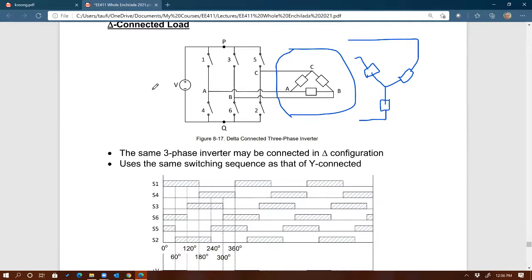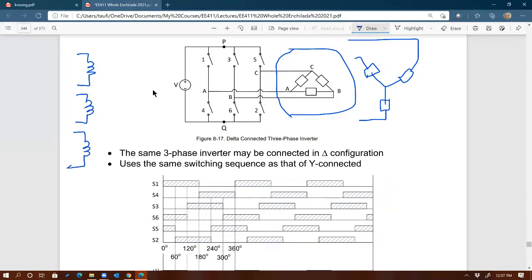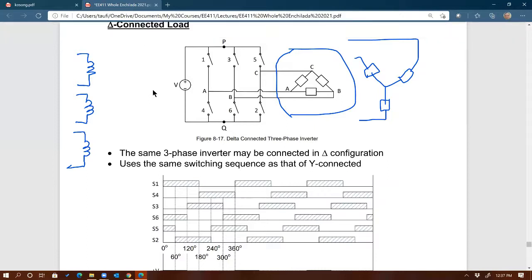You would never see a delta shape like that in the real world. You would never see a Y shape in the real world. What you see is three windings, and you have to be able to trace how the three windings are connected, and apply what you learn. Go back to the basics.